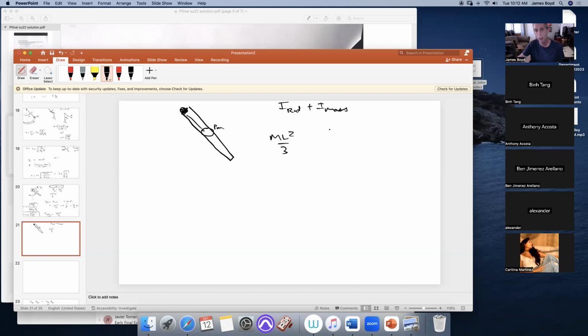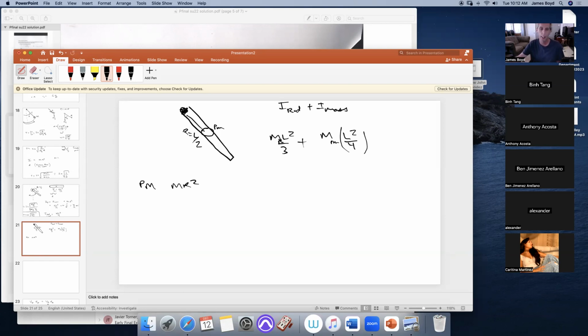And this is mr squared, but r is L to the half for the point mass. This is the rod, and this would be the point mass. So for the point mass, this would be L squared over 2 squared, right? Because a point mass is mr squared, and r for the point mass is L to the half.